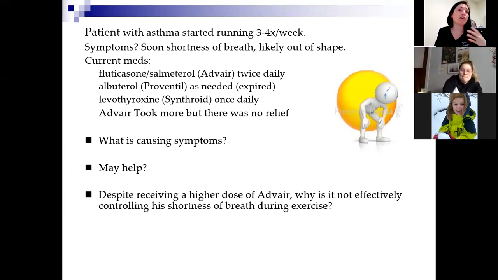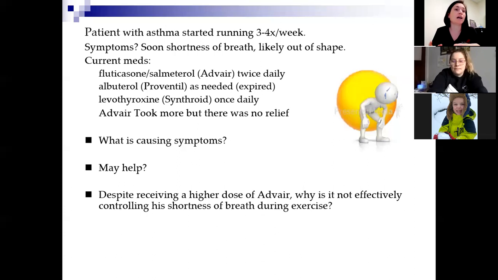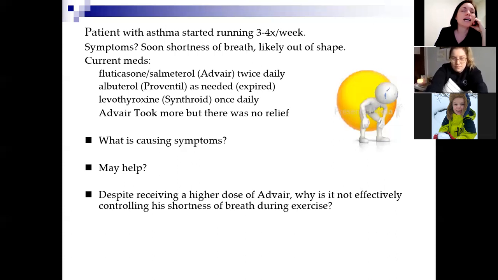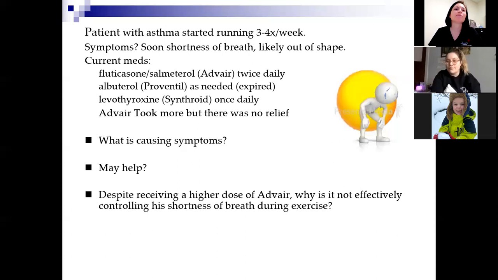This is their anti-inflammatory that they're taking, but their dilator, the one that they use to really get in there and dilate, is maybe not working as effectively. So that's a good option. I still feel like it's a little bit weird because the Advair is a combo, right? So it should have done something. So I don't know. I'm not a huge fan of this question block, but anyways.